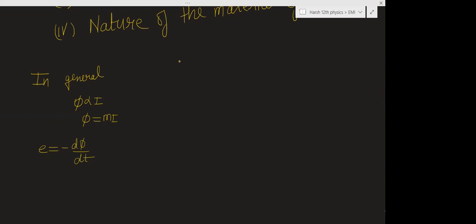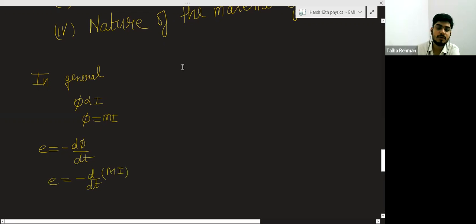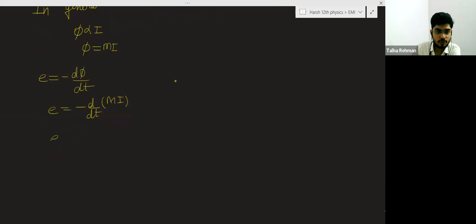So we will put the value of phi here, M I. This coefficient of mutual induction will come out of the differentiation. Then here we have dI by dt, minus M dI by dt. Now what is the SI unit of M?